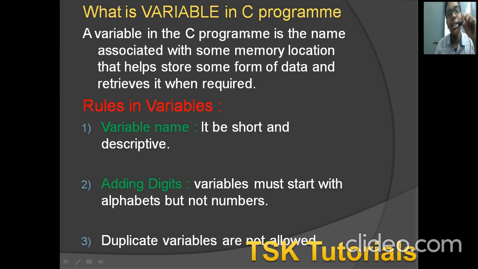A variable in the C program is the name associated with some memory location that helps store some form of data and retrieves it when required. As I told, I have given input at the starting. It is stored in some memory location. For example, I have given 10.